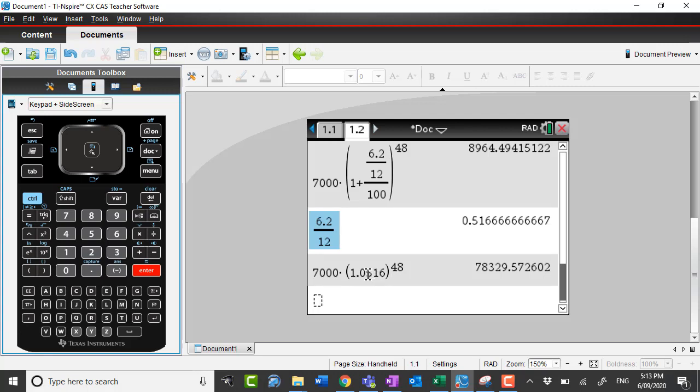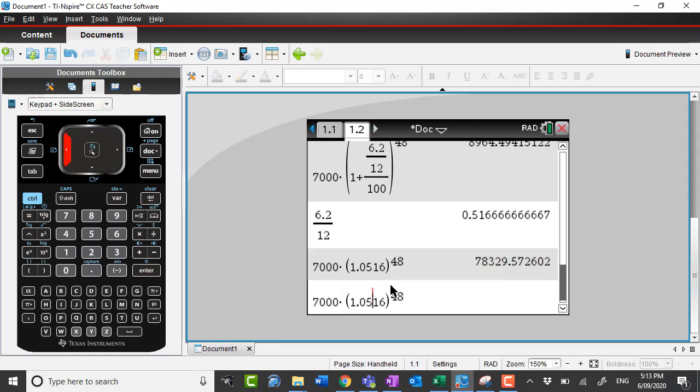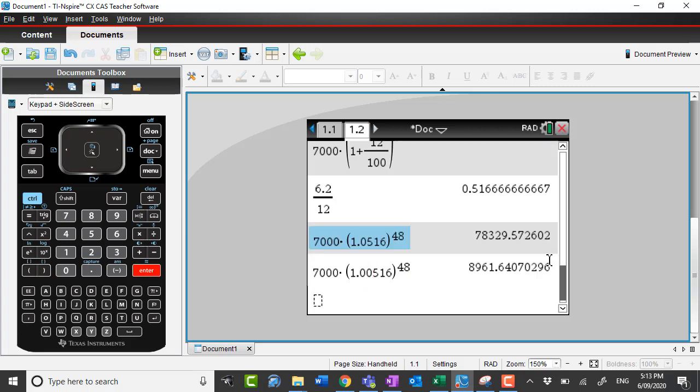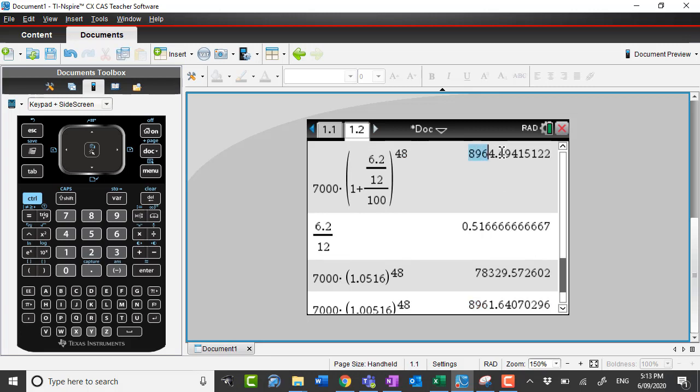Well, we don't want that. Let's try this. I didn't add another 0. Okay, so there was a difference of almost $3 there.